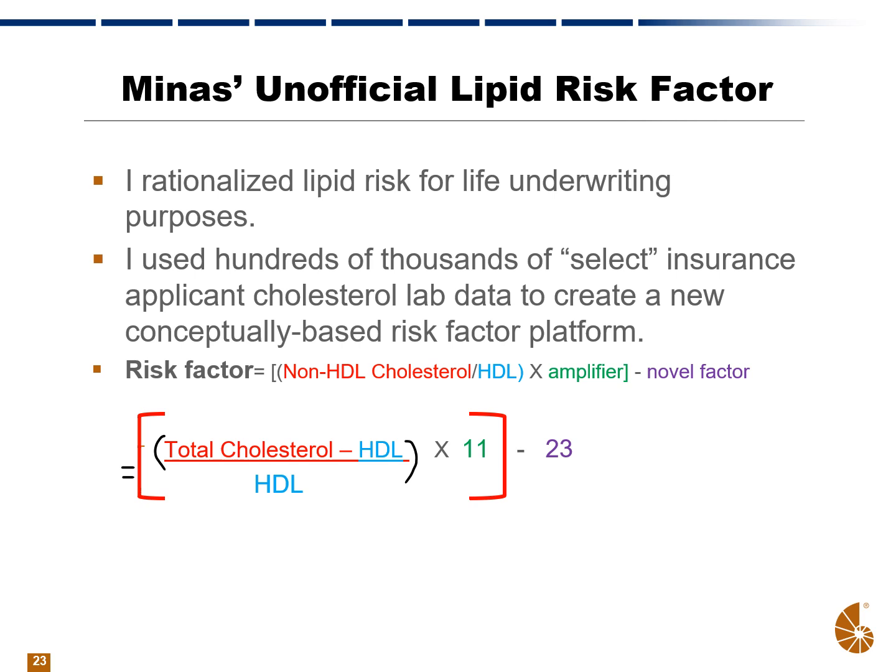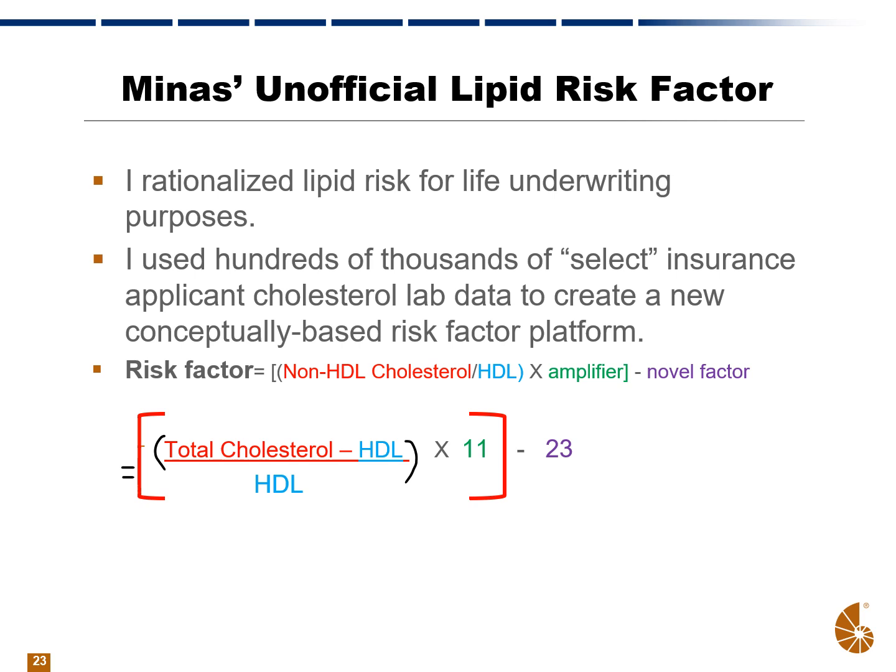I looked at thousands of select insurance applicants' cholesterol lab data from one of the labs, and I came up with my own calculation. This is something you can just use as a curiosity.